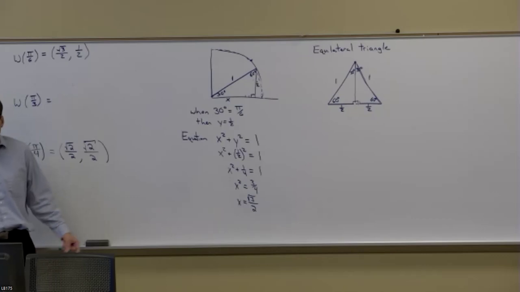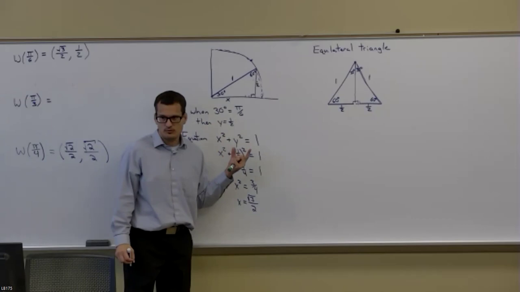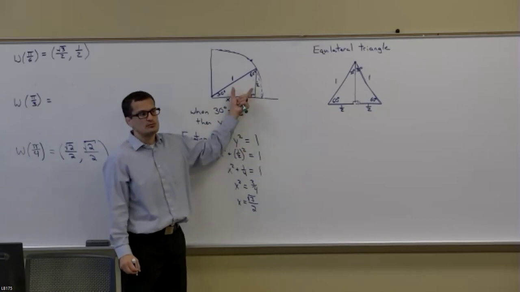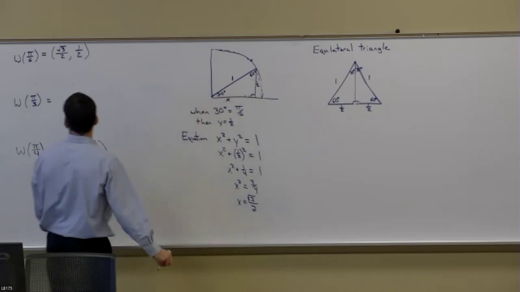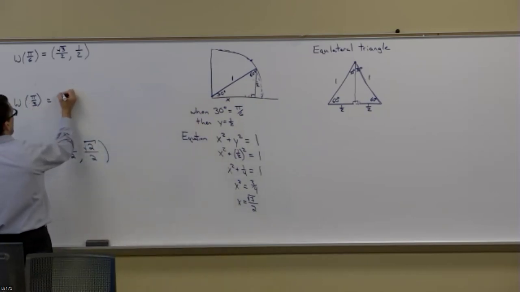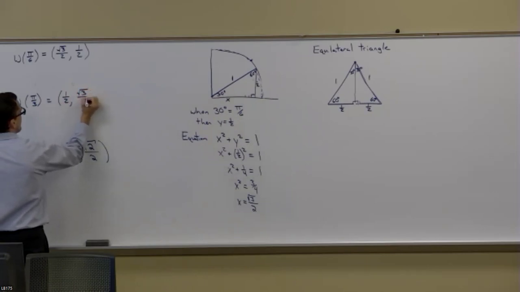And then if you have a 60, 30, 90 right triangle, you just reverse the roles of x and y. And so with pi over 3, you get 1/2, root 3 over 2.